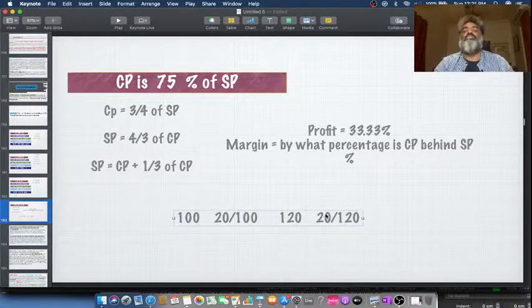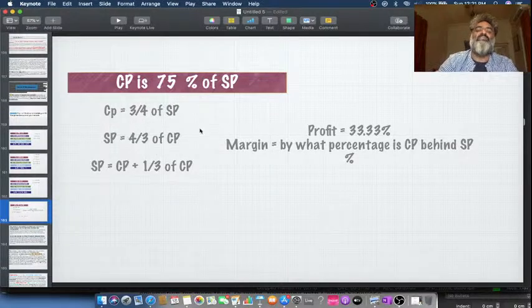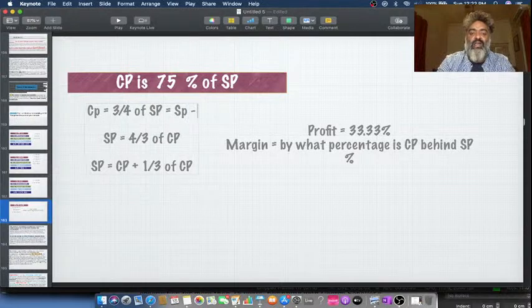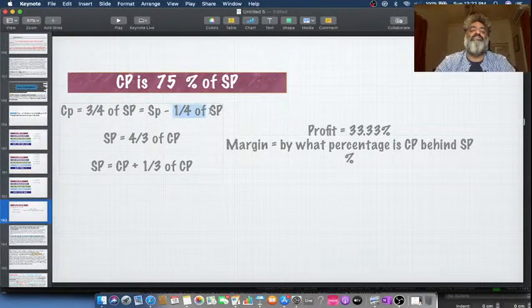So isn't it the same question as A is what percent of B and B is what percent of A, and a little bit of language jugglery which can be mastered very easily here. So if you look at this information, CP is 3 by 4 of SP, that means it is SP minus 1 by 4 of SP, and your margin is this 1 by 4 or 25%.